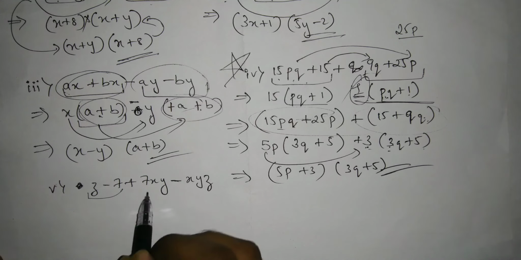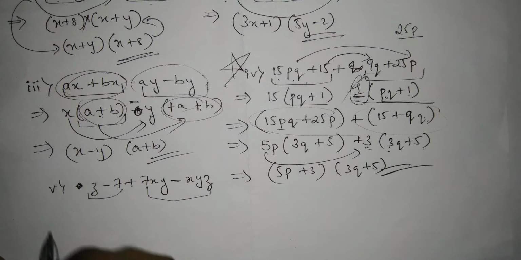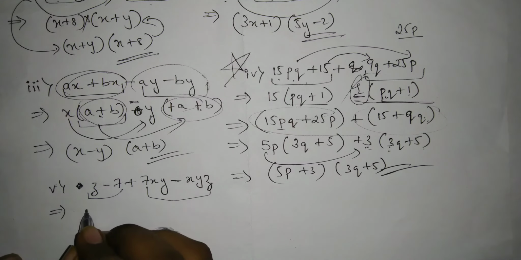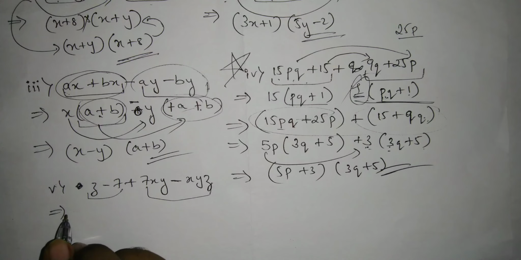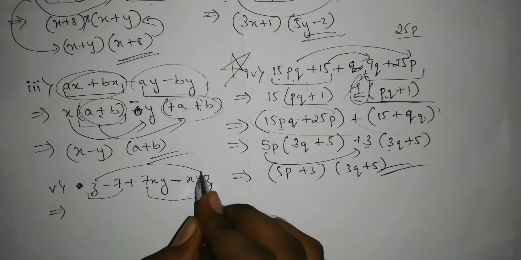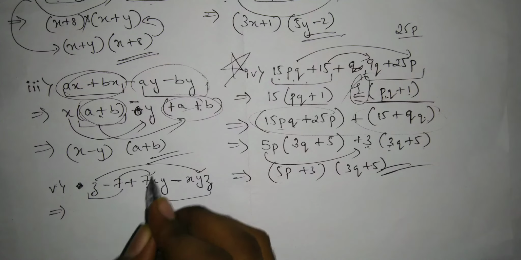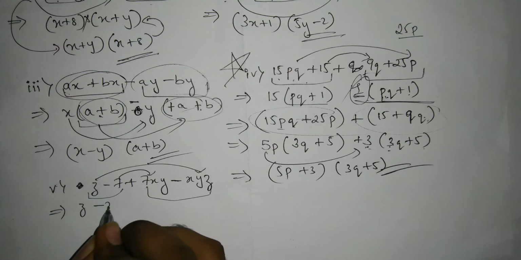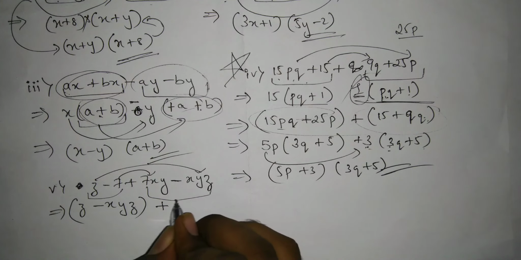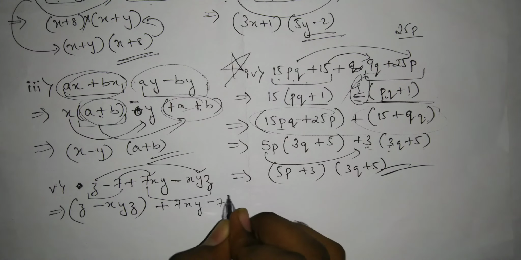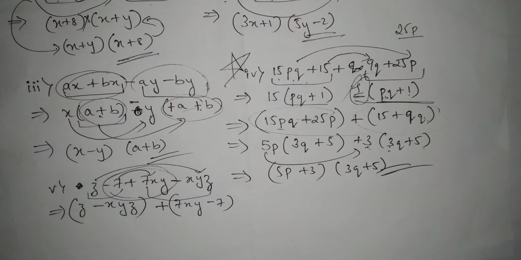I'll just take these 2 and these 2. So nothing is common over here, correct? So what can I do? I'll just group these 2 terms, plus 7xy minus 7, these 2 terms.